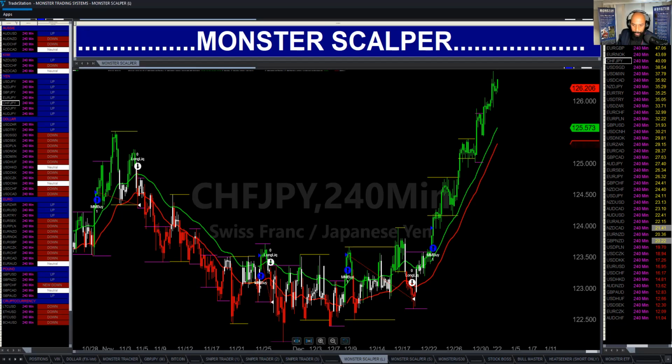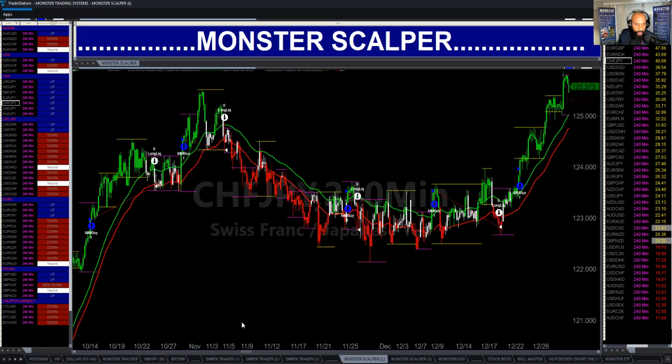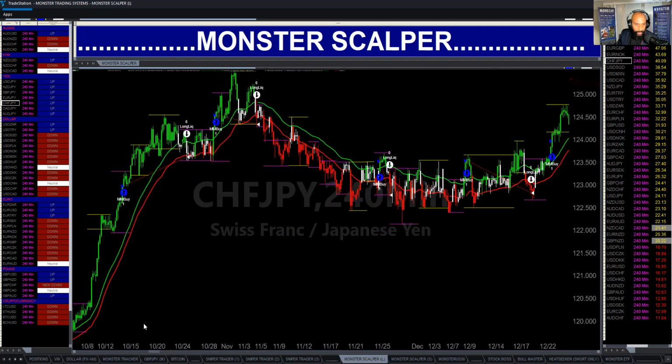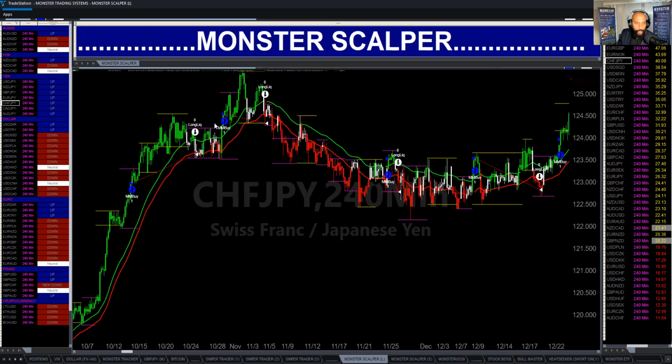So let's take a look at what distribution looks like. Distribution is going to look kind of like this here. We're no longer in the markup phase. We got a sell signal, and then price is coming down to the markdown phase.